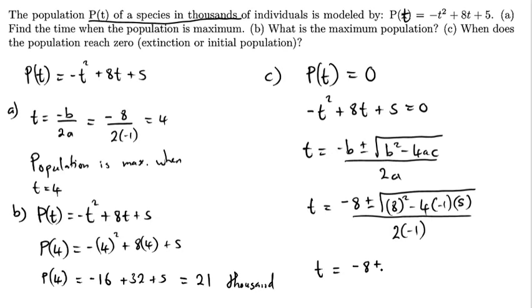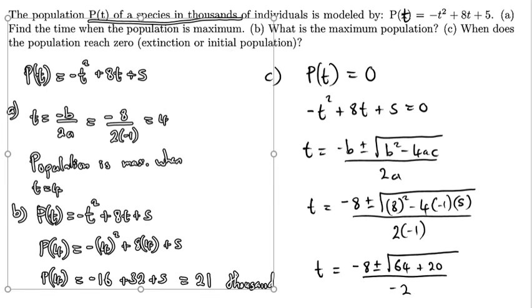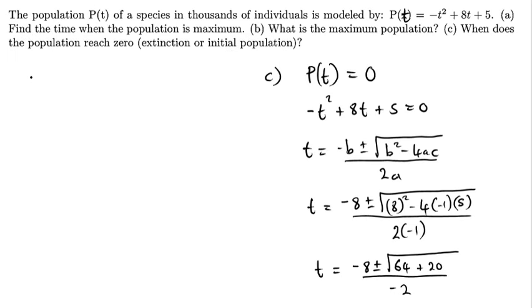So t will be equal to negative 8 plus or minus the square root of 64, then the negative gives us a plus 20, divided by negative 2. Okay, let's just remove all this. So t will be equal to negative 8 plus or minus, let's do it properly, the square root of 84 divided by negative 2.